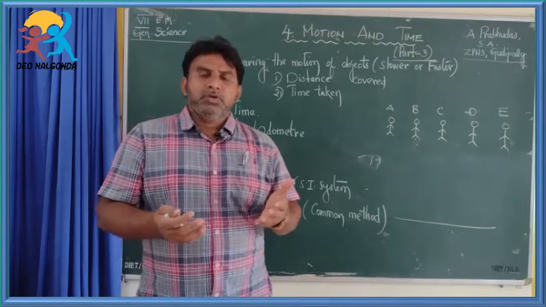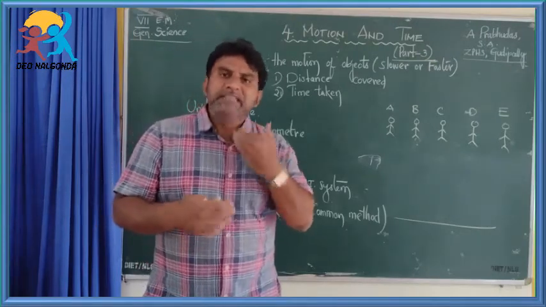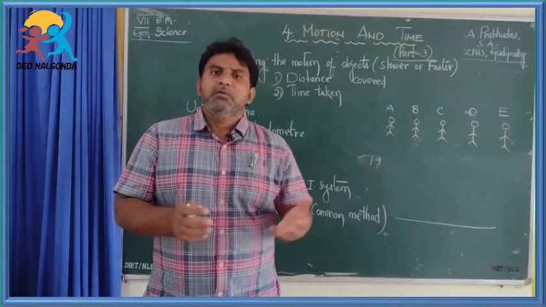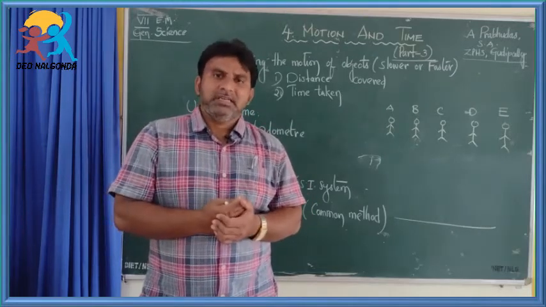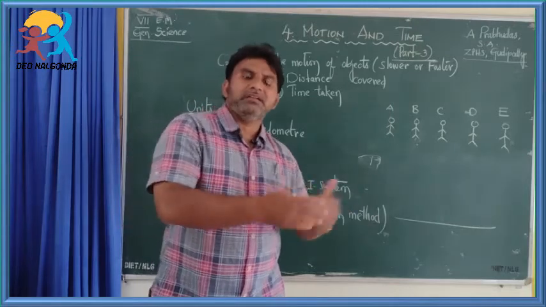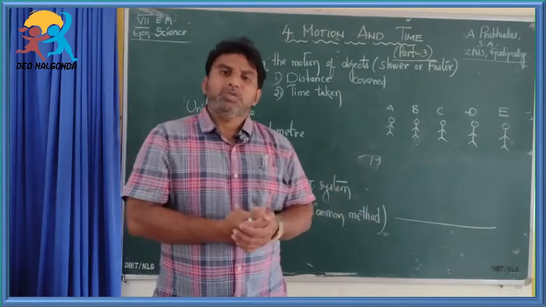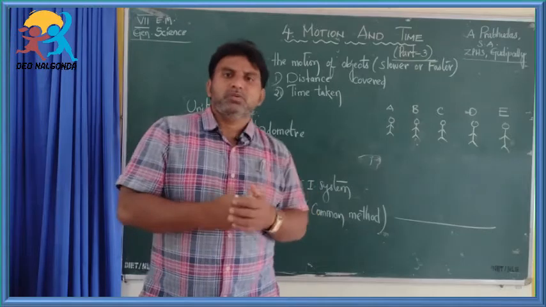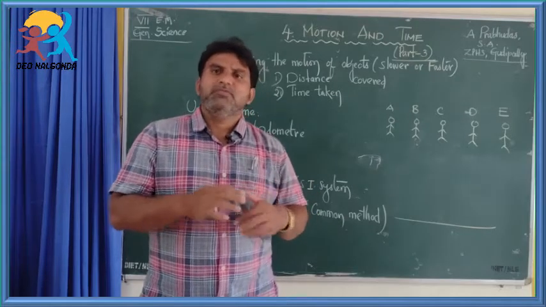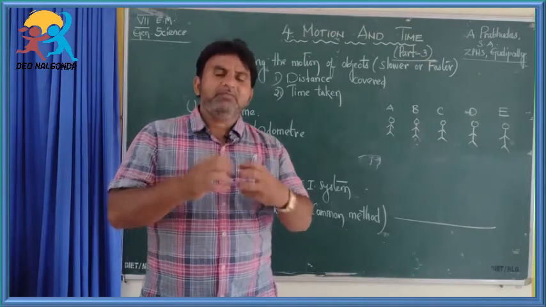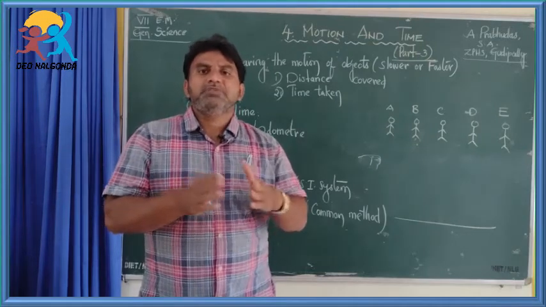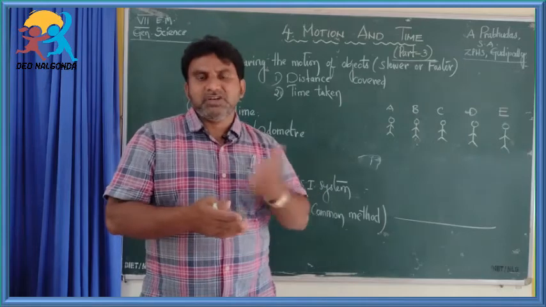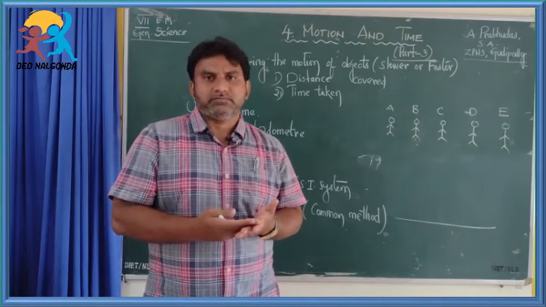Now, we see many objects moving around us in the surroundings. They move with different motions. Some move slower and some move faster. Then how can we estimate which object is moving faster and which object is moving slower?